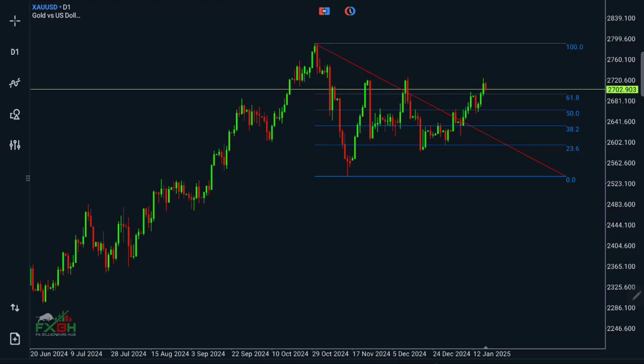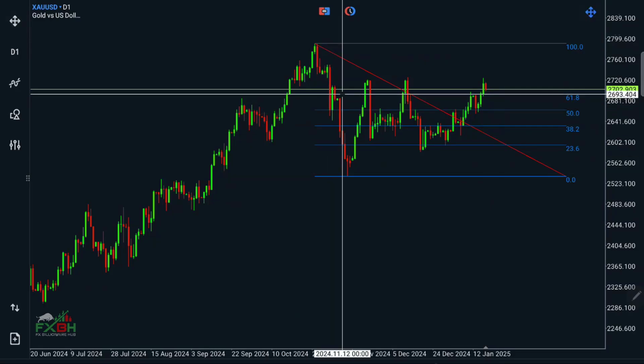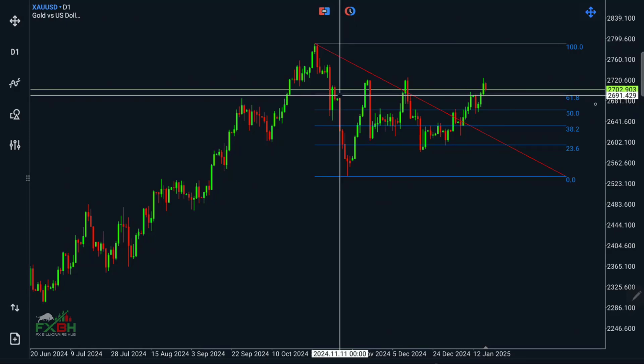As you can see there, here is our latest Fibo support zone. If it touches around the Fibo area, which is around 2691, then again it will go buy from the 2691 area.